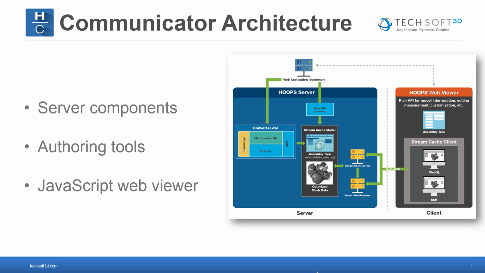In the client, we have this stream cache client, which is a JavaScript class. It's a single file that contains all of the JavaScript you need for the viewer. It has a public API, which we're going to talk about in a little bit, and it will communicate with the stream cache server via WebSockets.